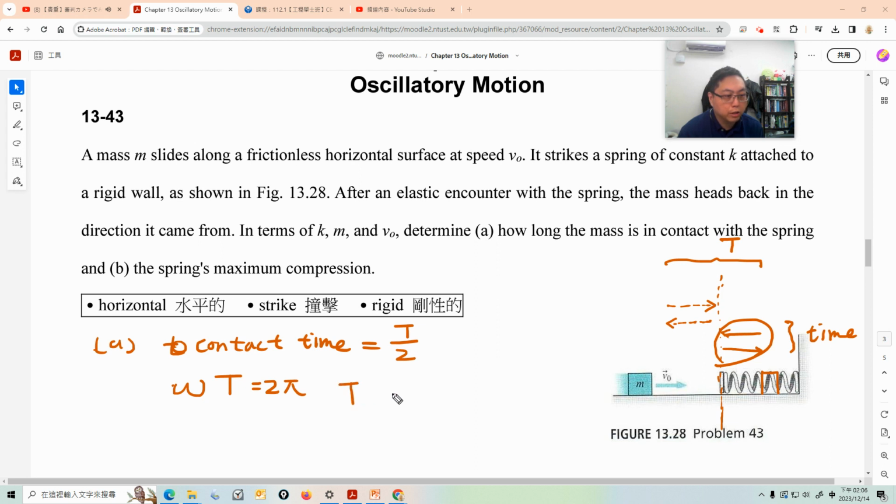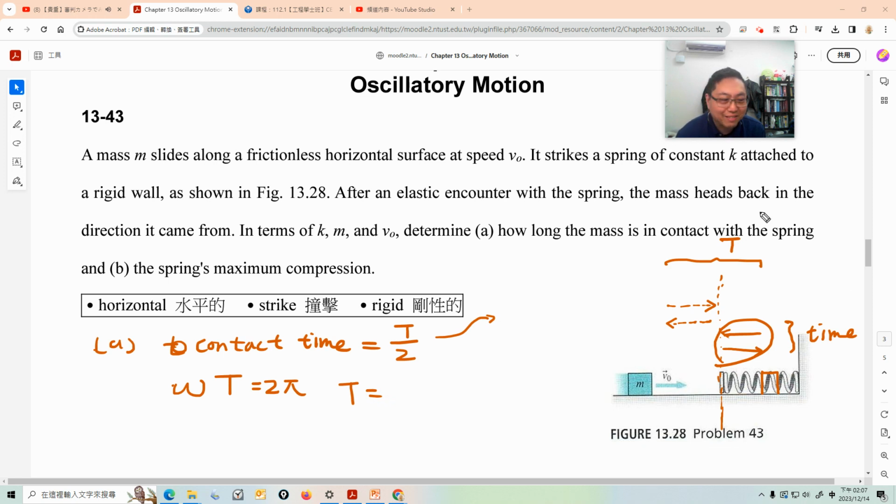So actually your period is omega over 2 pi. And what is omega? Don't forget, omega is equal to the square root of k over m. Our contact time is T over 2. Omega T equals 2 pi, so T equals, sorry, I read it wrong, sorry.